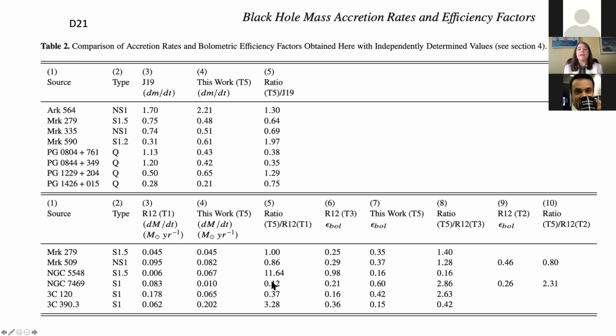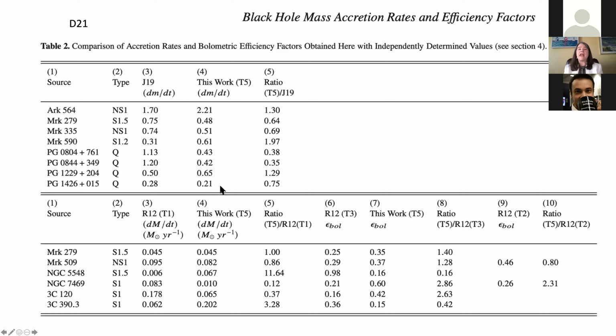That will allow us to test the impact of having non-simultaneous and non-contemporaneous radio and X-ray measurements. In 2019, Zhang et al. published dimensionless mass accretion rates, and I can compare them with the mass accretion rates obtained with the outflow method for 8 sources. And here are the ratios of the values, okay?